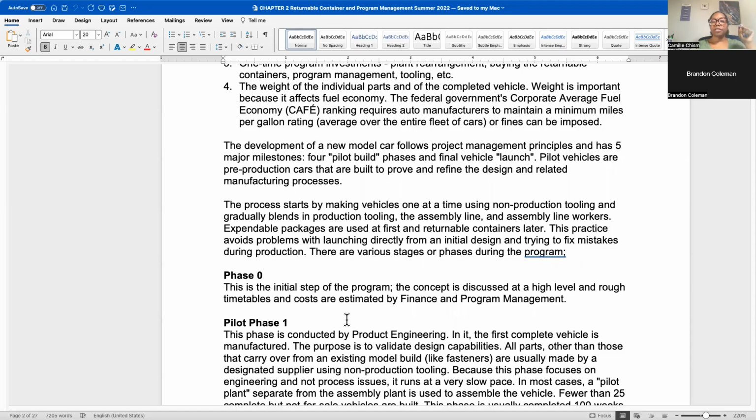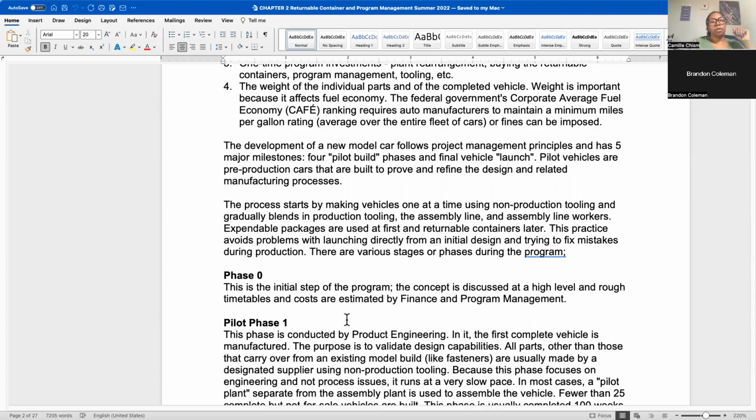And the reason why I suggest being involved in phase 0 and using your best guess estimates based on existing previous programs is because it can have an impact. So many times, if you're building an automobile, they're spending millions of dollars on the returnable packaging alone for any program at any given time.